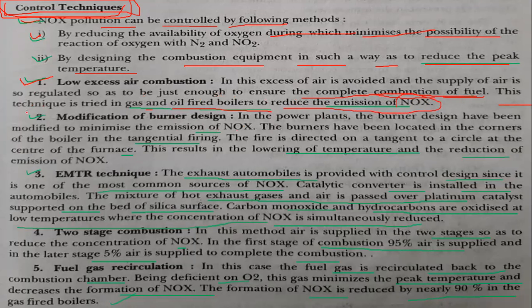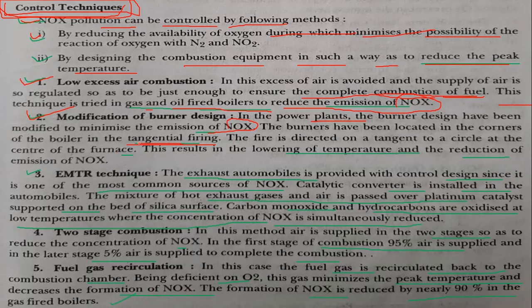Again, we can modify the burners and their designs. In a power plant, burner design has to be modified to minimize the emission of nitrogen oxides. The burners are located in the corners of the boiler in tangential firing, where the fire is directed on a tangent to a circle at the center of the furnace.